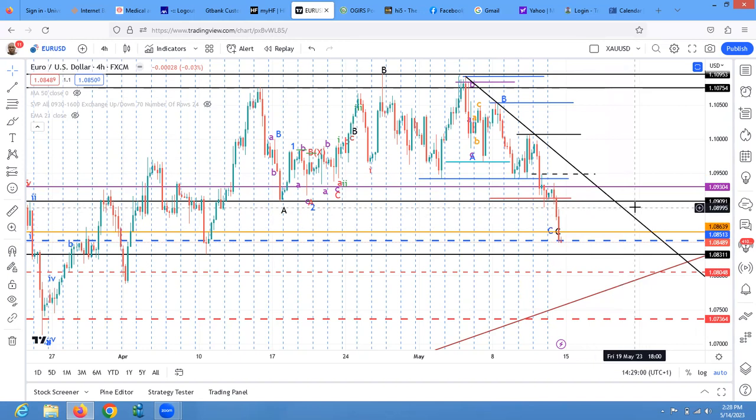And so that is the essence of having a wave 2 and a wave 4, to bring price very close to this trend resistance or trend support as the case may be. And when you understand that, then you are working close to mastery. Now, here and now, we've seen a sharp drop.